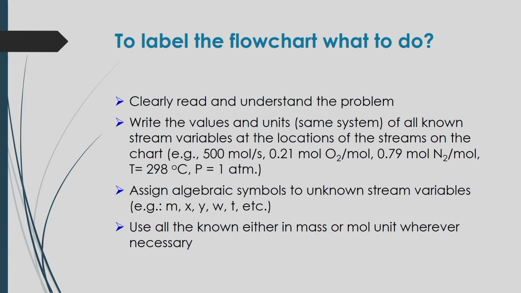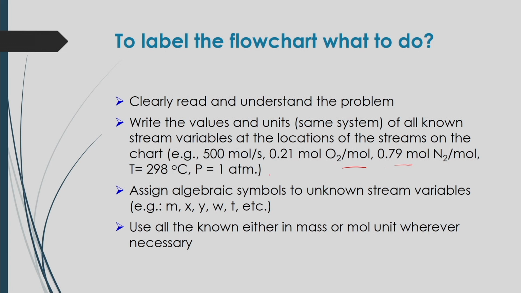Now to label this flow chart, what to do? You have to clearly read and understand the problem, and then write the values and units, in the same system, of all known stream variables at the locations of the streams on the chart, like if it is given 500 mole per second, or 0.21 mole of oxygen per mole and 0.79 mole nitrogen per mole of total feed, and then what the temperature and the pressure are should also be given there.